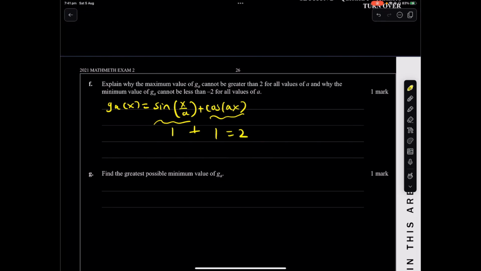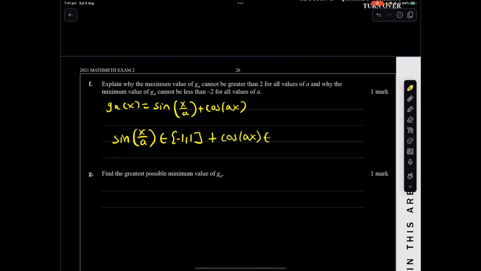It cannot be greater than 2 because the a value just dilates. It changes the x values, but it doesn't actually change the y values. We know that sine of x over a has a range from negative 1 to 1, and we're adding cos of ax, whose range is still negative 1 to 1.